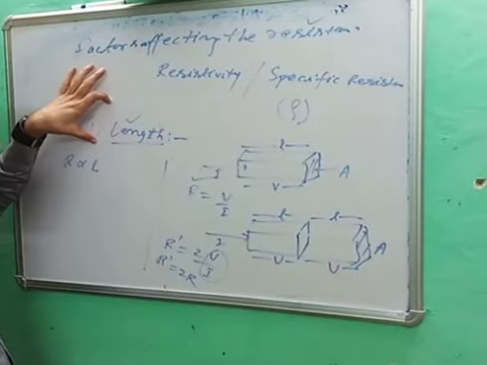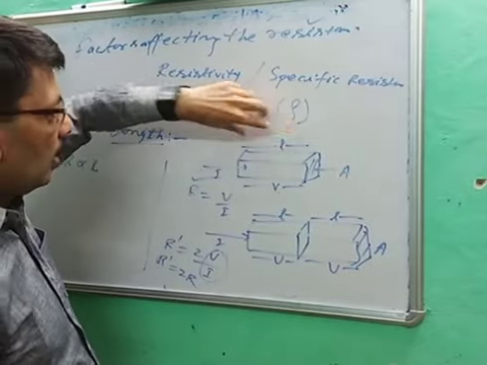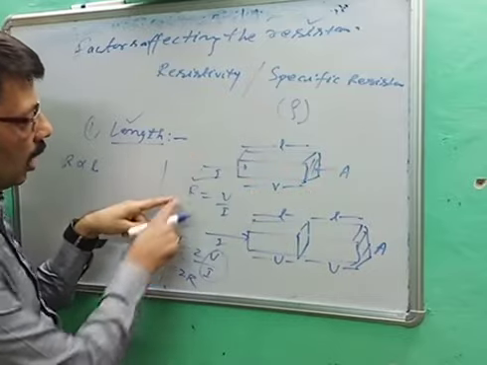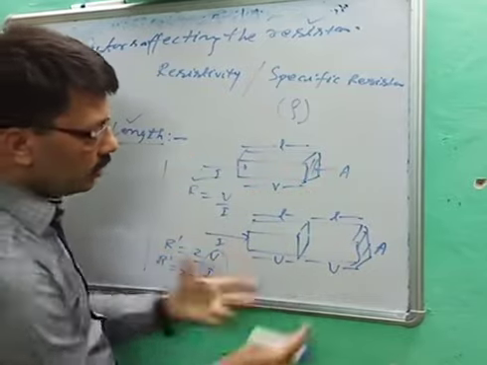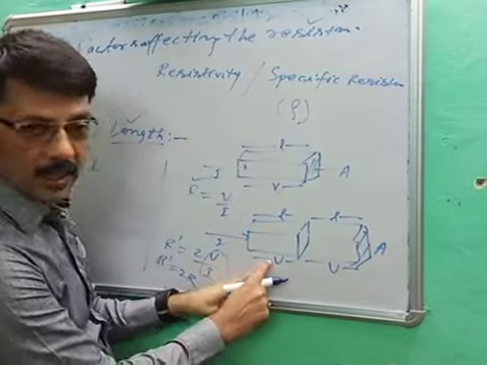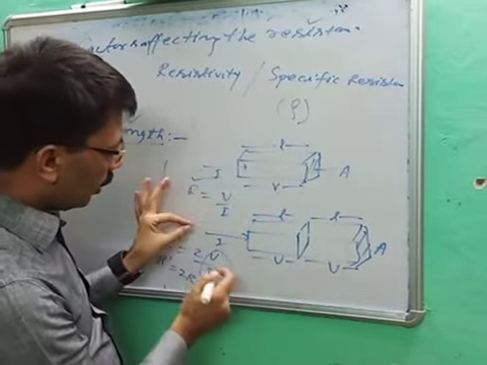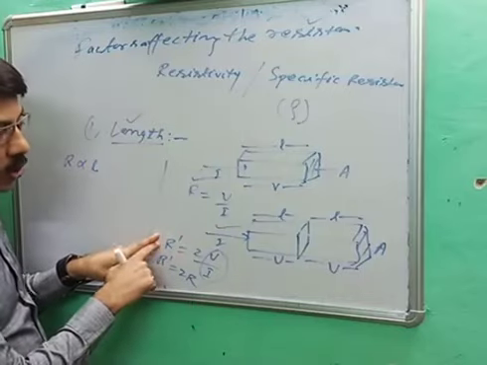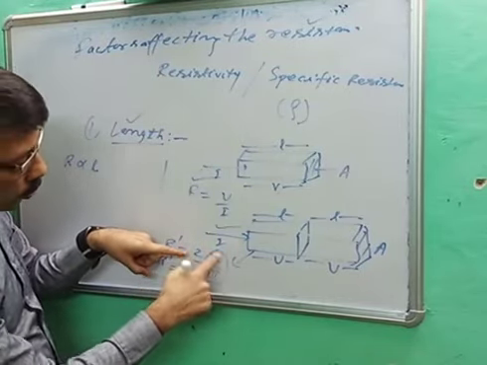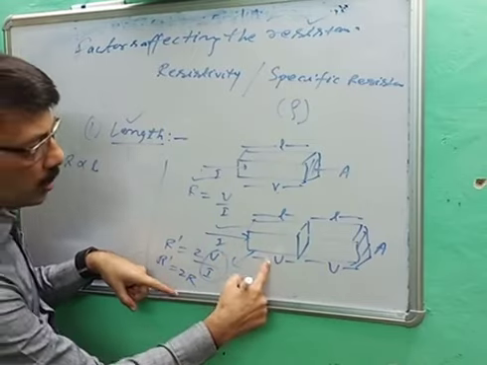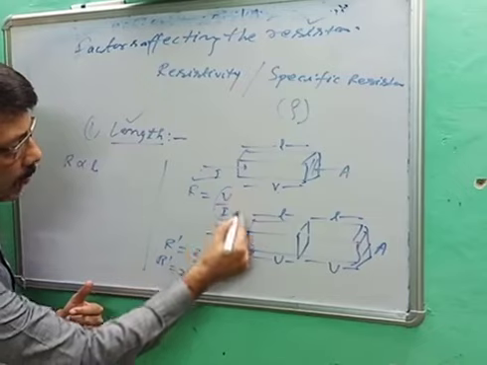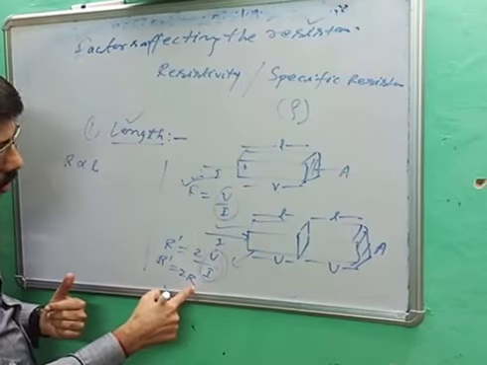The first factor was length. Here the length is L, area is A, voltage is V, flowing current is I, R is equal to V upon I. If the length increases to L plus L, which is 2L, the voltage again increases, V plus V, 2V, and the current remains the same. So R dash, the new resistance, is equal to 2V upon I, according to Ohm's law, but V upon I is equal to R. So R dash is equal to 2R.